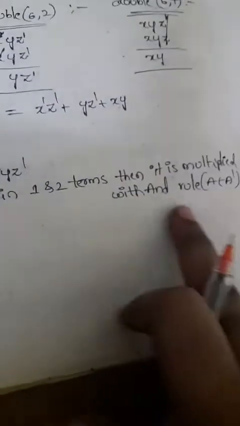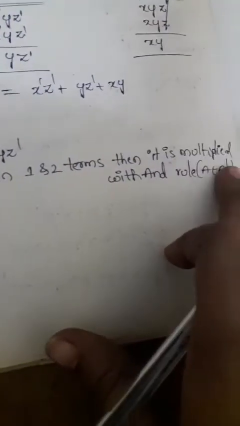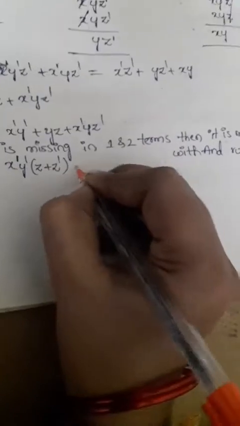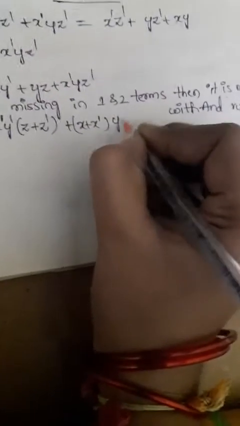The AND rule is nothing but here we mention the product. This rule is multiplied with each and every term. So x complement y complement: here z is missing, so I will go for that rule, z plus z complement. Sorry, here x is missing, so x plus x complement into yz, plus x complement y z complement.